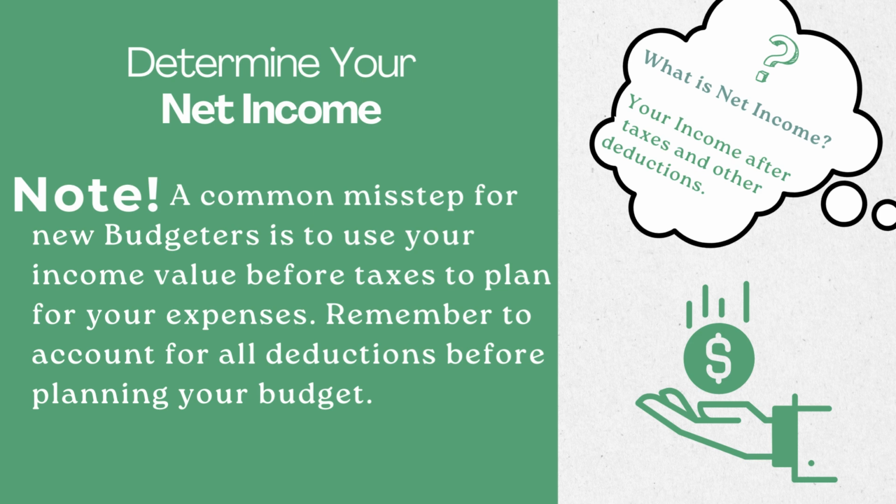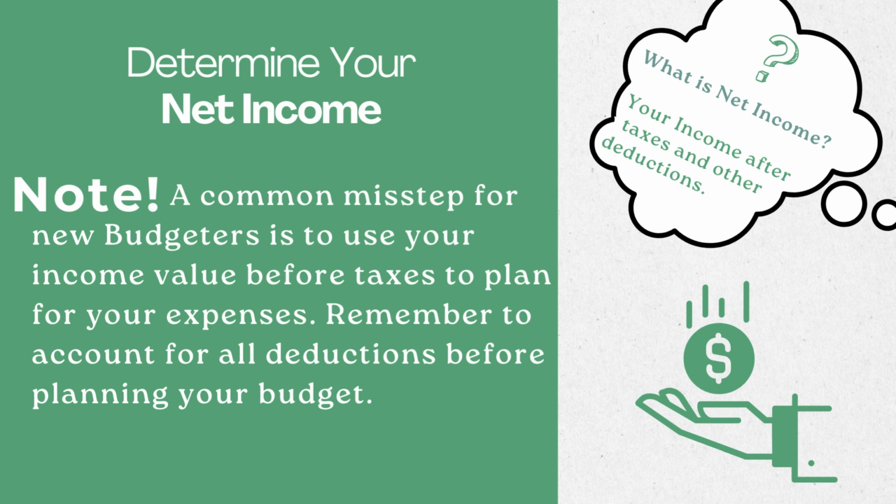Okay, step 1 is to determine your net income. First, it's important to know what net income actually is. Your net income is the amount of money you have coming in after deductions like taxes, Social Security, and 401k. It is important for the income number that you build your budget around to be your net income and not your total starting income.